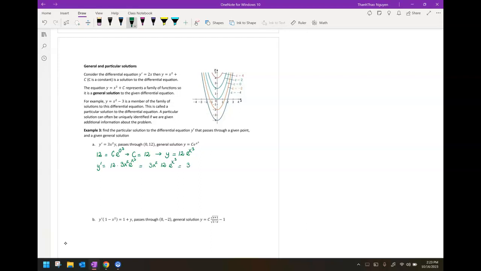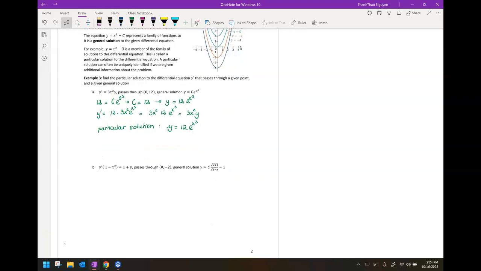So you can see that this is 3x squared times y. So then the particular solution is y equal 12 times e to the x to the third.